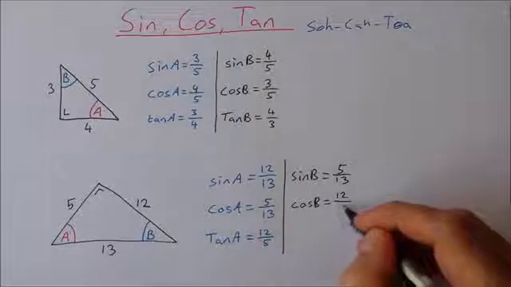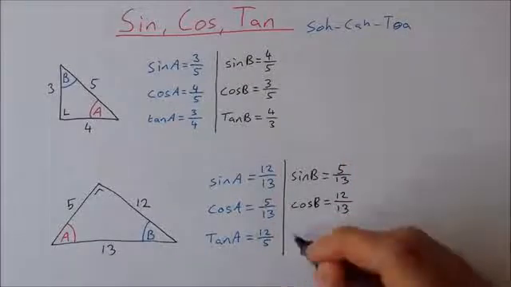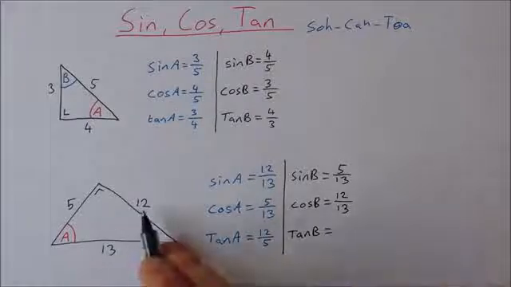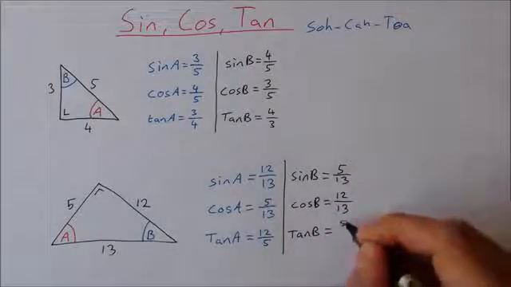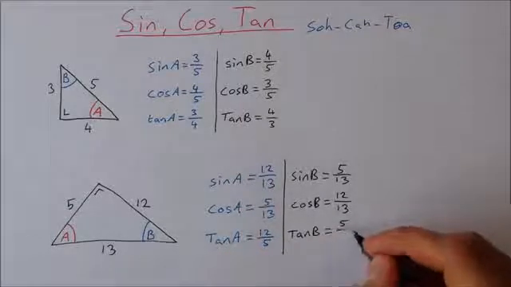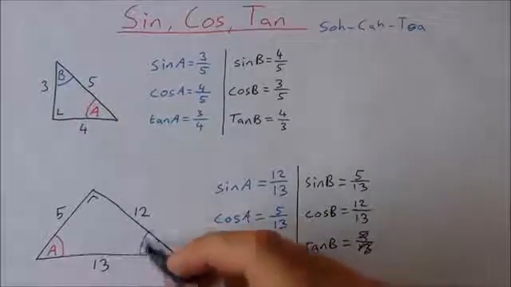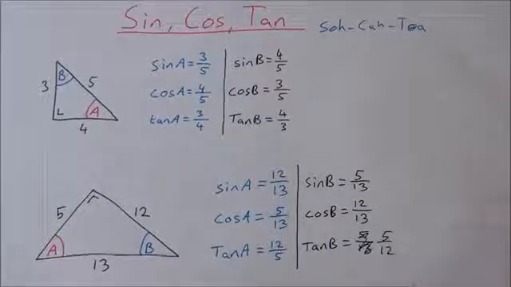Hypotenuse is 13. And then the tan of B is equal to opposite over adjacent. Opposite is 5. Adjacent is... sorry, the adjacent is 12, that one there. So it's 5 over 12.